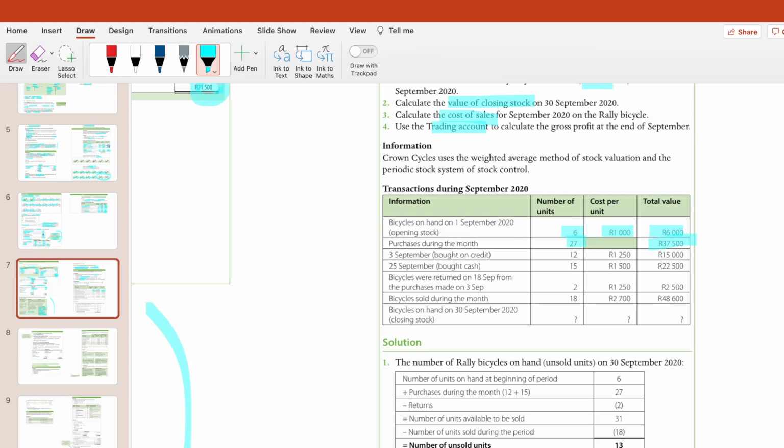That was made up of the 2 different purchases at 12 and 15. Then we returned 2 of them, and we sold 18 bikes. Remember, our purchase prices are different over there. And then we sold them, and now we are working out what was the closing stock.